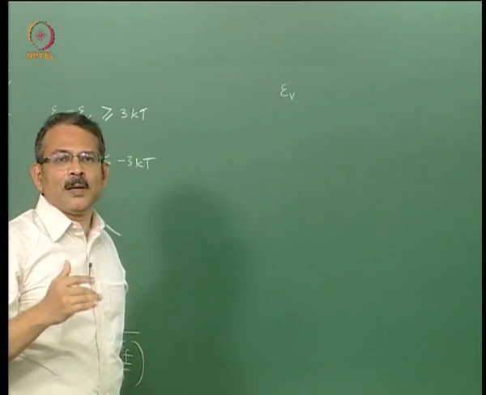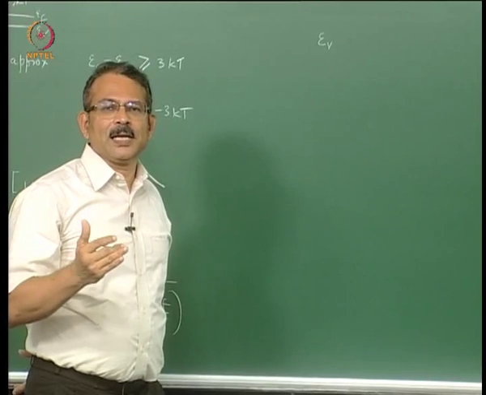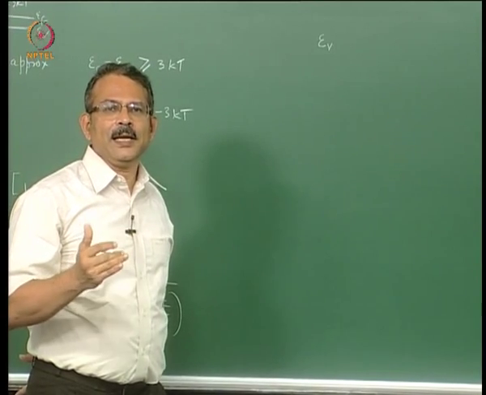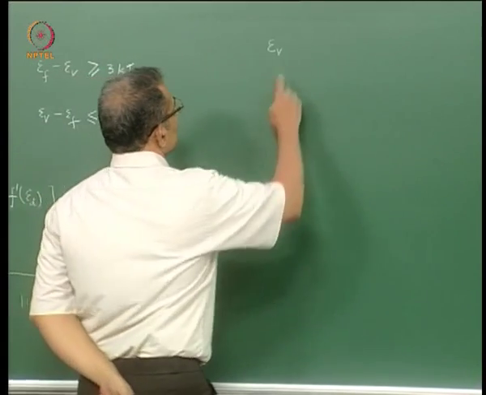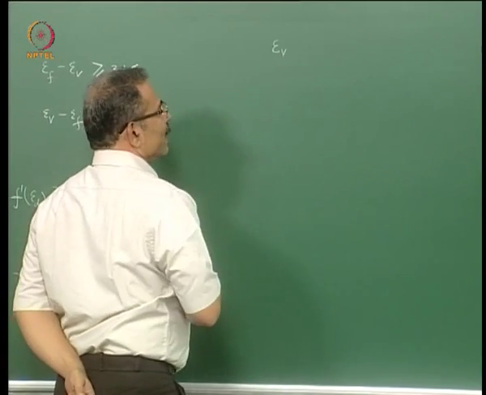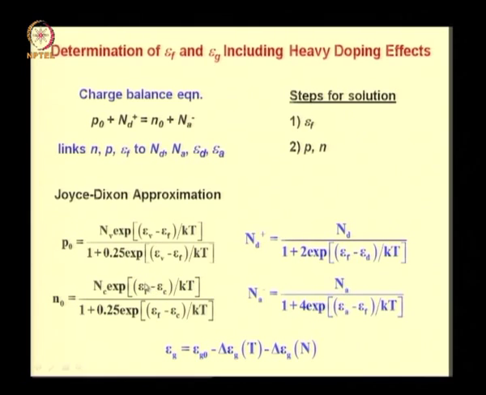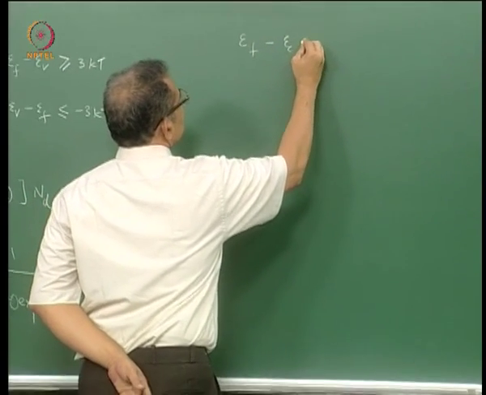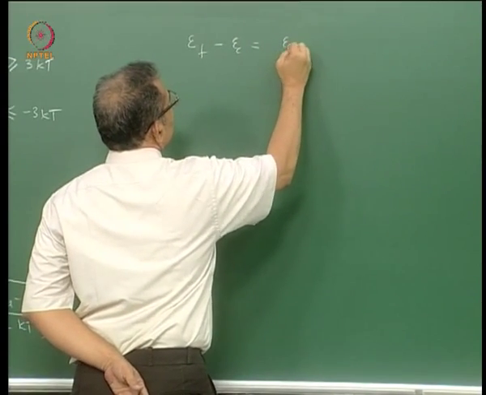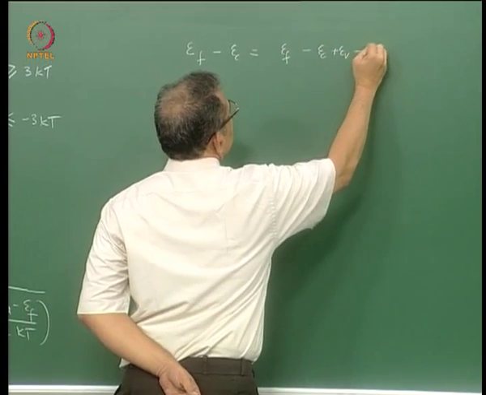So in other words, all expressions which are in terms of other energy levels like Ec, Ea, Ed should be converted to energy level in terms of Ev. Let us see how. Supposing you have, for example, this expression Ef minus Ec. So you can write Ef minus Ec equal to Ef minus Ec plus Ev minus Ev.